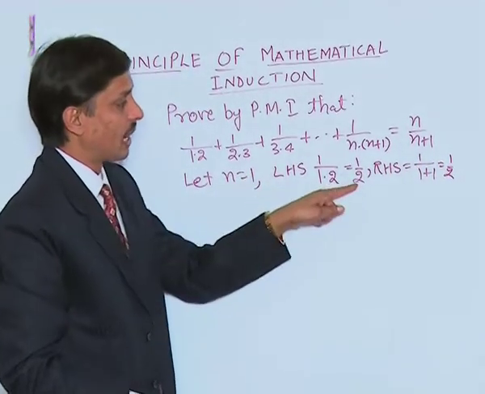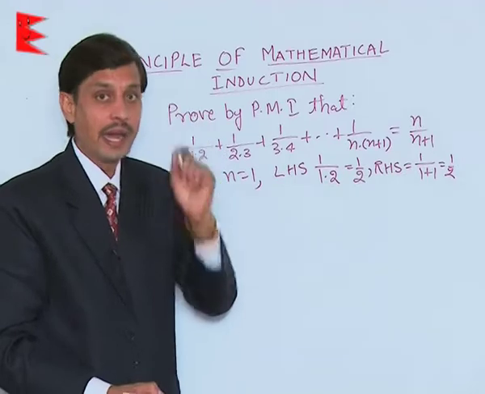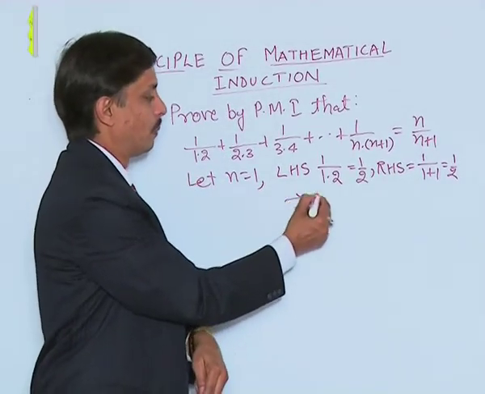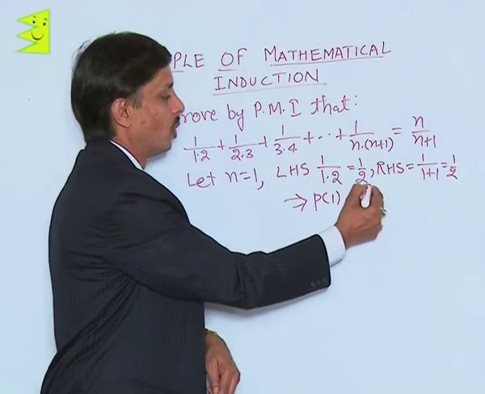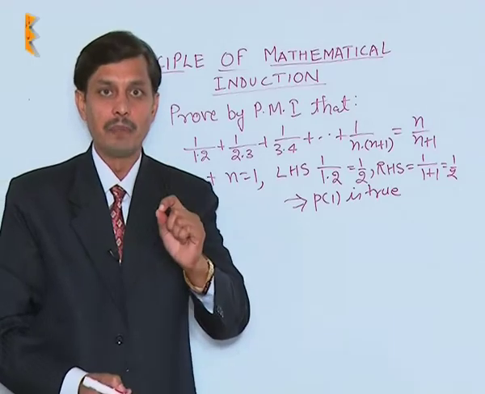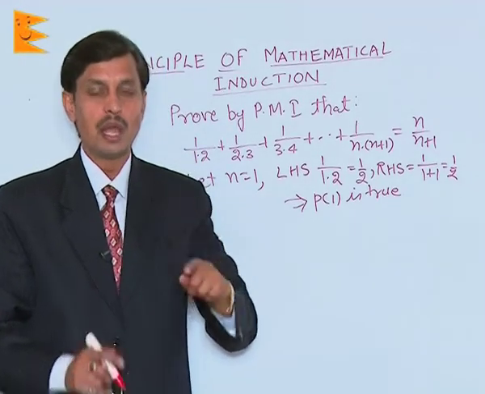So LHS is half, RHS is half at n equals 1, which implies that P of 1 is true. In shortcut I am writing P of 1 is true, meaning the result holds true at n equals 1.